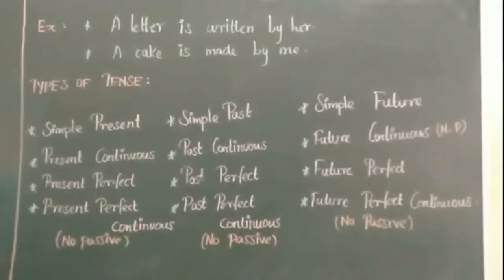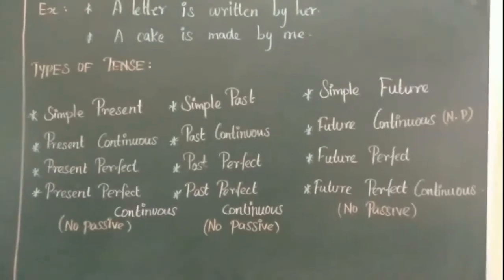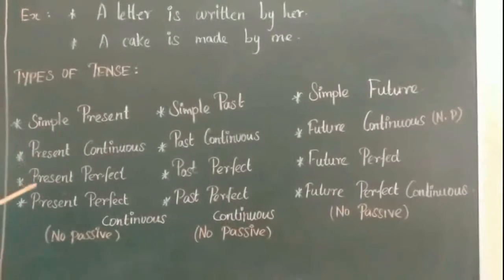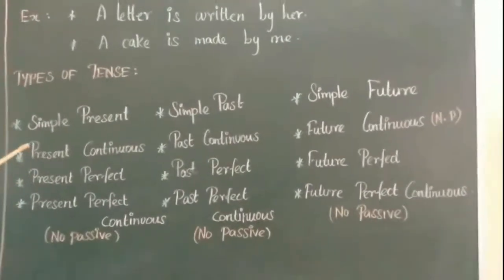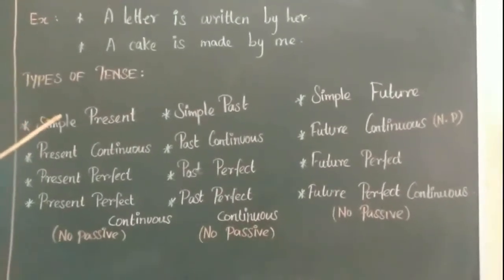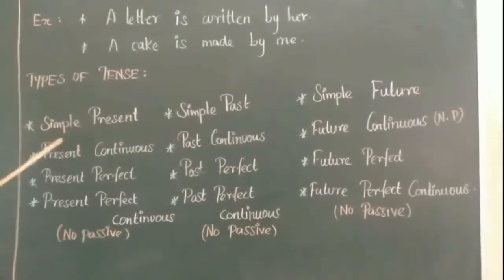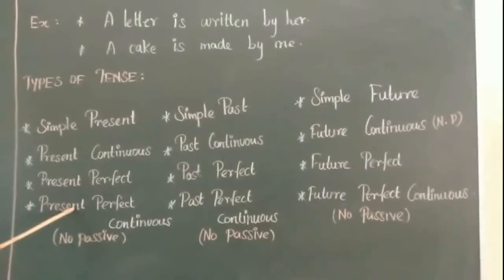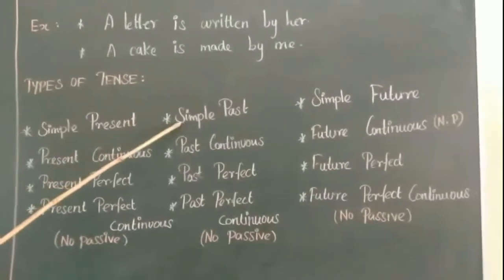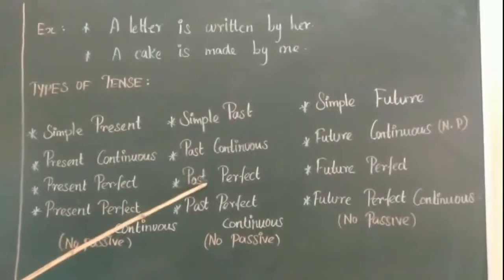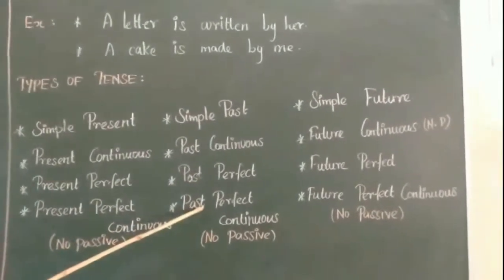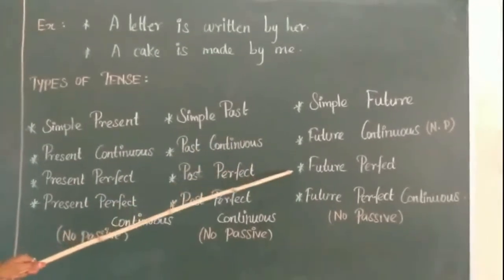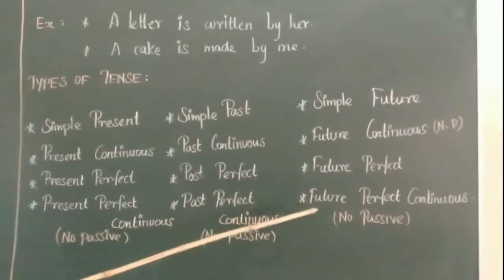Changing tense is the important thing in passive voice. Active and passive voice is based on tense. We have 12 types of tense: simple present tense, present continuous tense, present perfect tense, present perfect continuous tense, simple past tense, past continuous tense, past perfect tense, past perfect continuous tense, simple future tense, future continuous tense, future perfect tense, future perfect continuous tense.